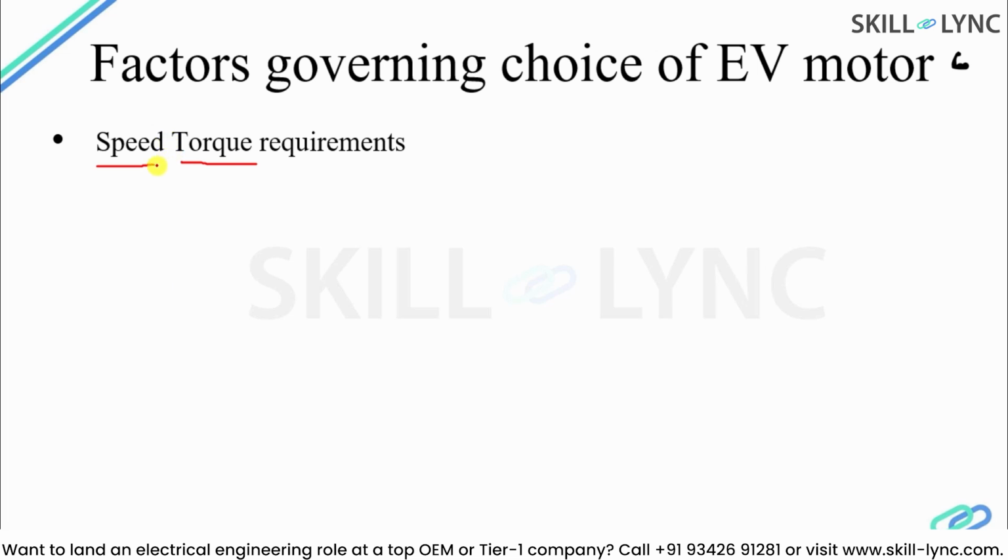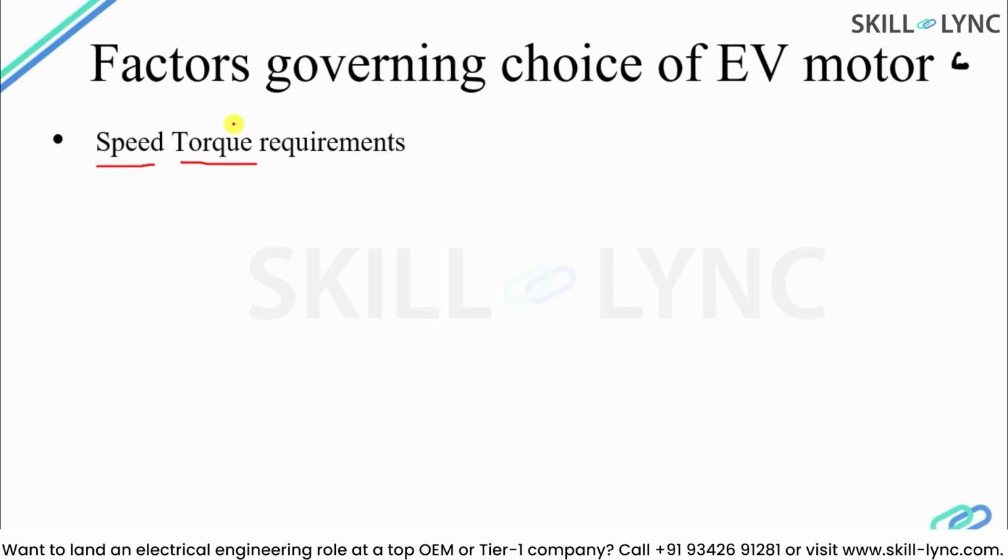These values can be taken as the maximum values for the motor consideration initially. Let's say the top speed is 100 kilometers per hour. For 100 kilometers per hour linear speed of the vehicle, how much will be the angular velocity of the wheel and how much RPM should the motor have? That can be calculated easily, and that will be the deciding factor of the highest speed.